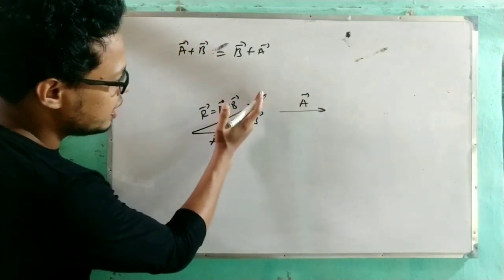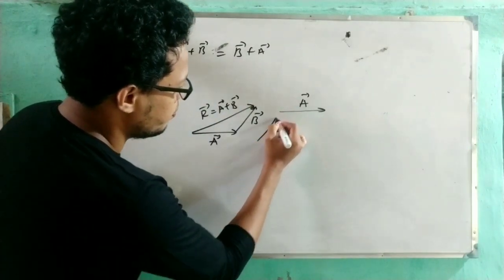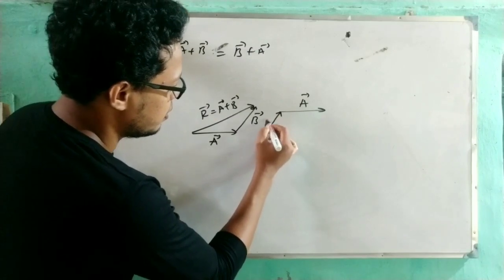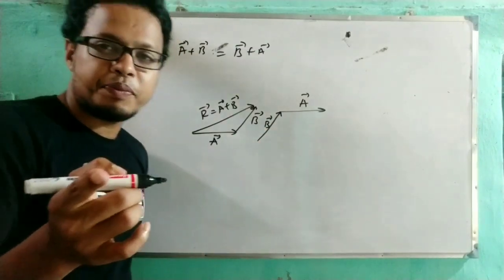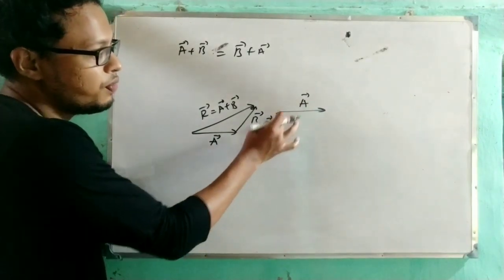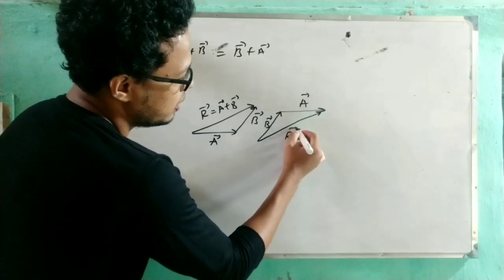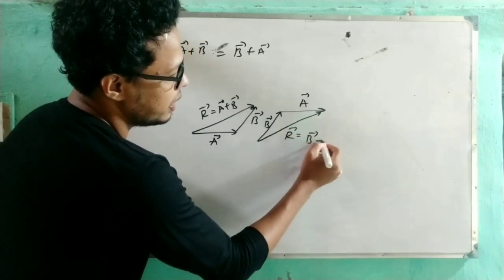Now I am shifting this b vector over here, so this will give the b vector. Now which one will be the resultant? From the tail of the first vector, this is first, this is second, to the head of the second vector. Now this is R. This R we can write as b plus a.